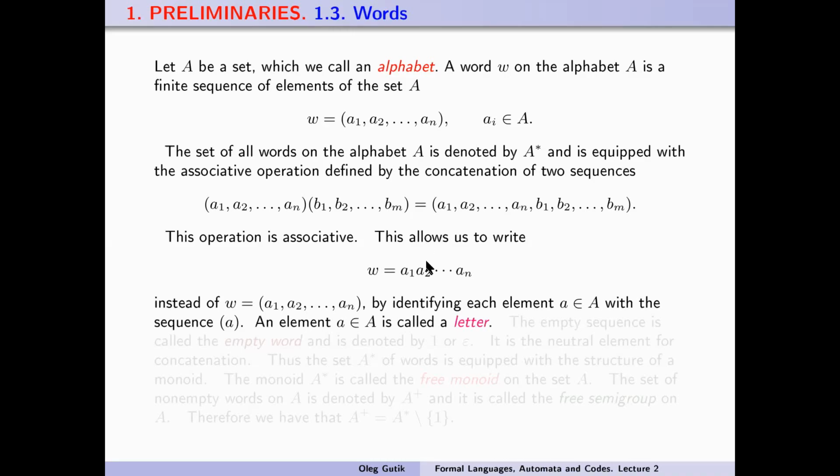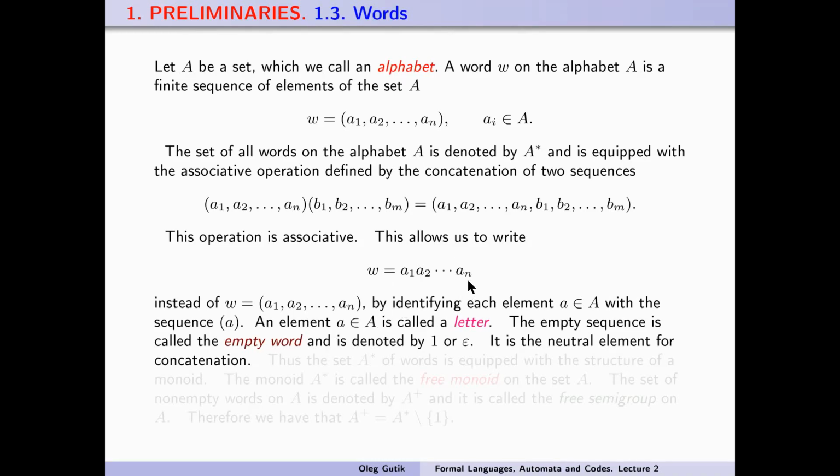So every element of the alphabet A is called a letter. The empty sequence is called the empty word, and it will be denoted by 1 or simply epsilon. This element is the natural neutral element for concatenation.